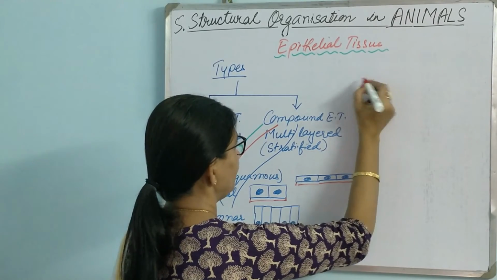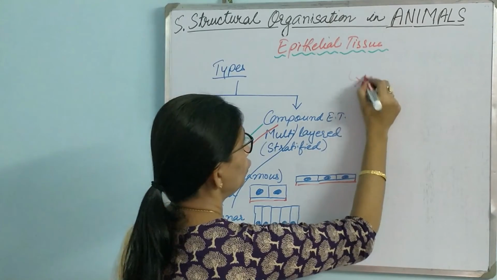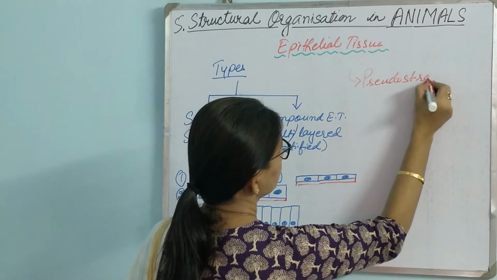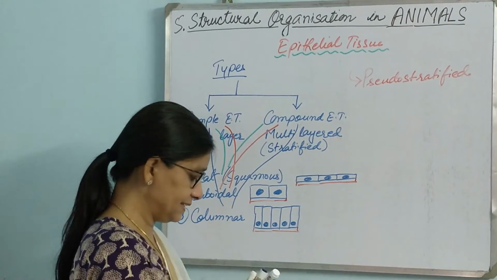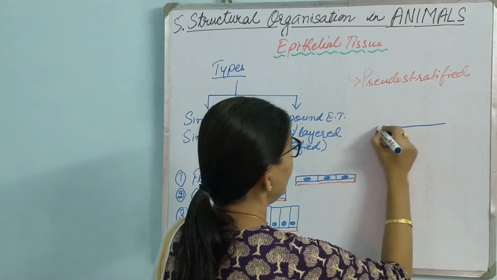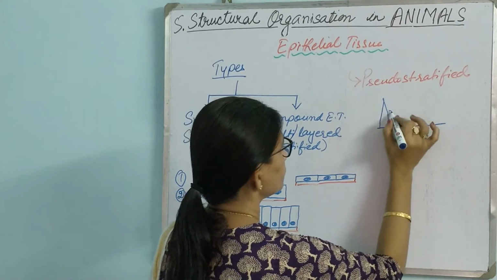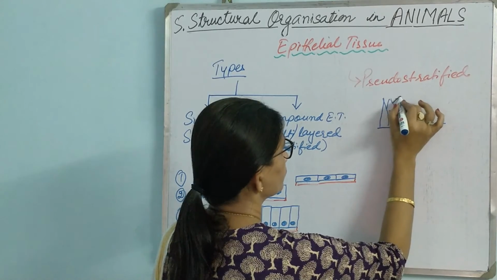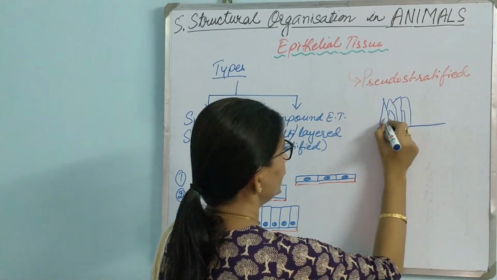Apart from this, there is pseudo-stratified epithelium, in which the cells are single layered, but they are of different size.